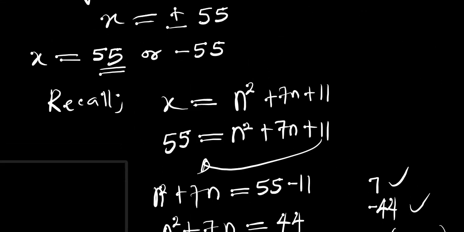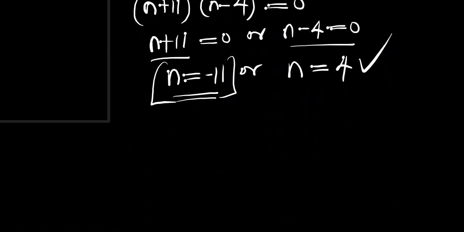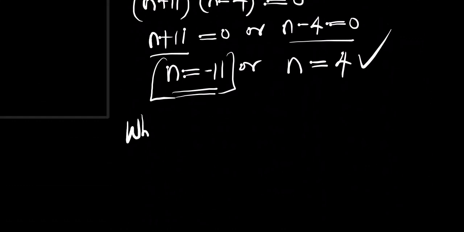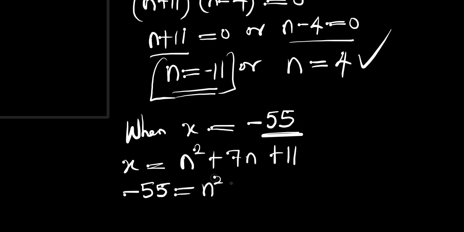Now the next thing we are going to do is to consider when x equals negative 55. Let's take note of that. Recall we had x equals n squared plus 7n plus 11. Then we insert negative 55 here. So we are going to have negative 55 equals n squared plus 7n plus 11.